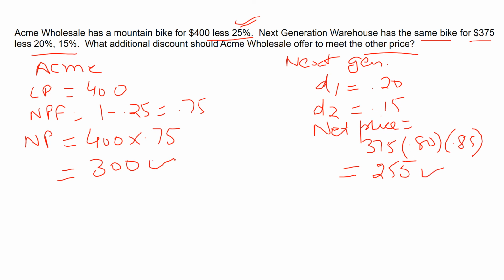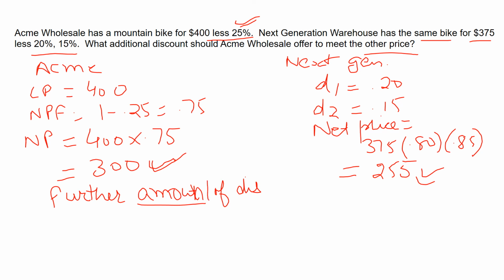So it should give a further discount on 300 to match this price. What is the further amount of discount? Again, it is talking about amount, so it should be in dollars. So it is 300 minus 255, which is 45. This is the amount in dollars.